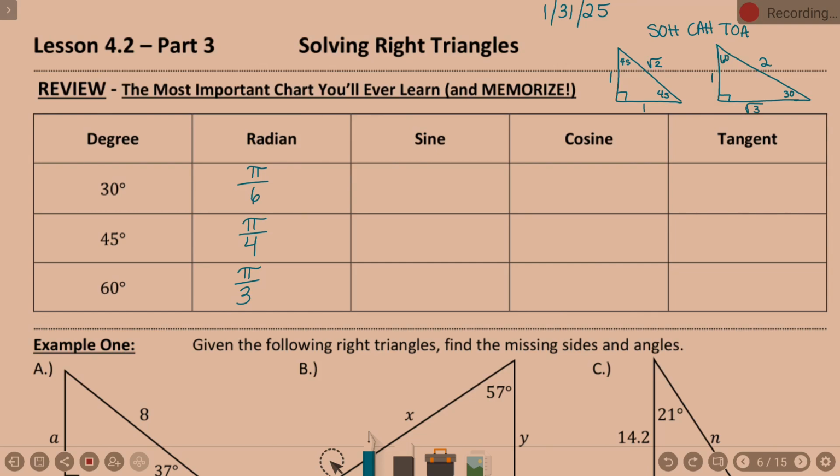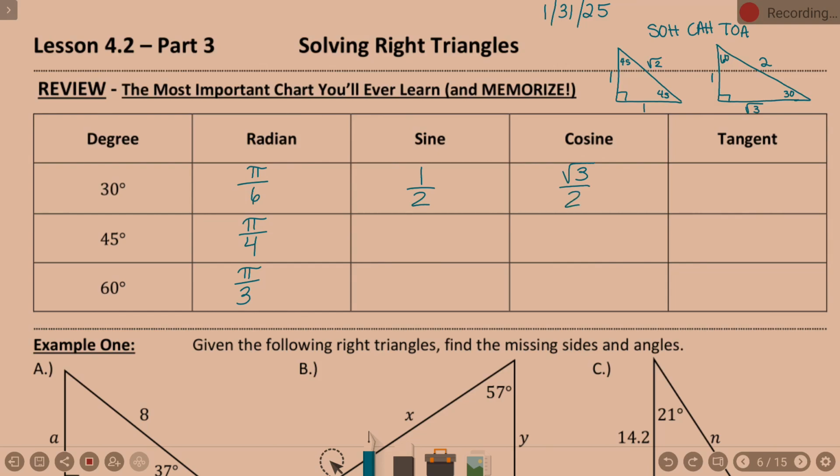It would be 1 over 2. Opposite over hypotenuse, 1 over 2. I taught this in detail yesterday. What about the cosine of 30? Square root of 3 over 2. Adjacent over hypotenuse, square root of 3 over 2.